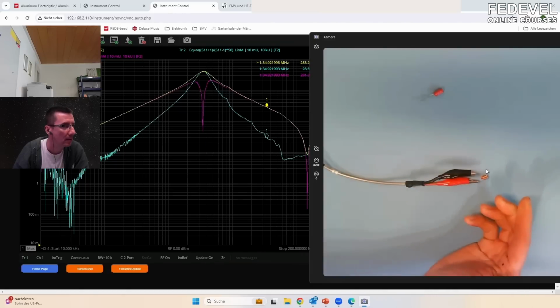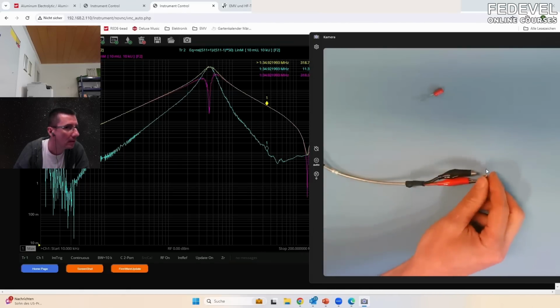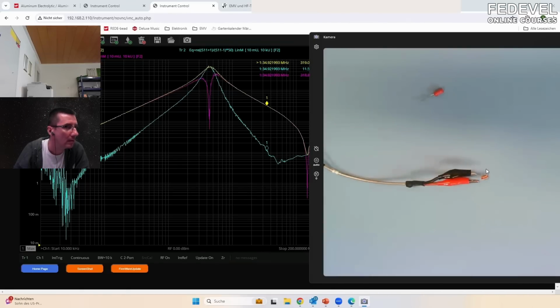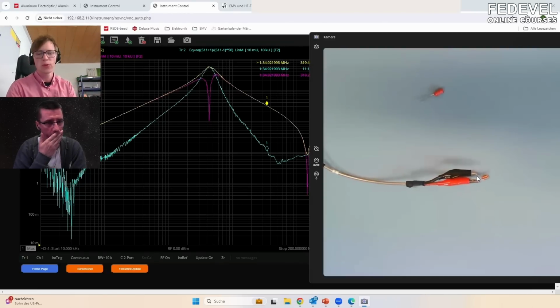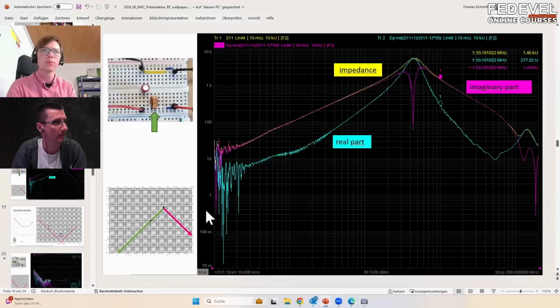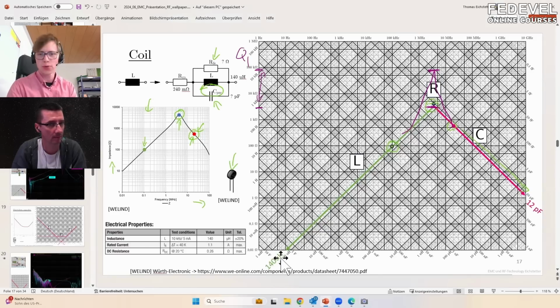So I'm not changing the inductor much. In this example, the lines here also have no influence because we have an inductor with a value of 140 microhenry. It is like 140 meters of line.